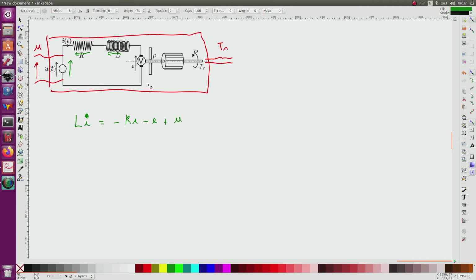Now I know that it is an electric motor, so E is proportional to the rotational speed. So I will use kappa multiplied by omega.